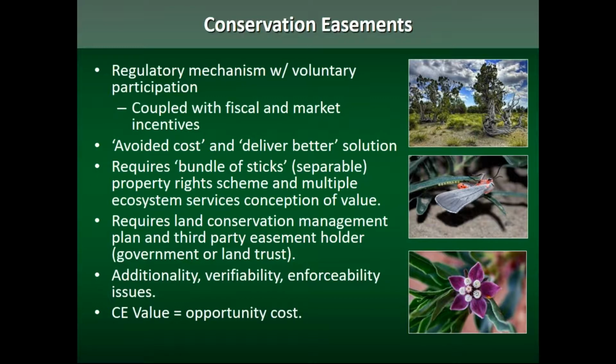Okay, so an easement is, in terms of the way we talk about the various tools and solutions available to us, a regulatory mechanism with voluntary participation. That regulatory mechanism has to be legally codified so that one can do this. But then we provide fiscal and market incentives in order to increase the attractiveness and the uptake of the tool. When we give a tax credit, what we're doing is reducing the tax base.